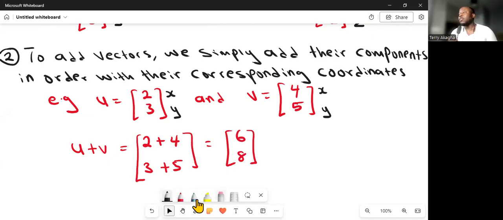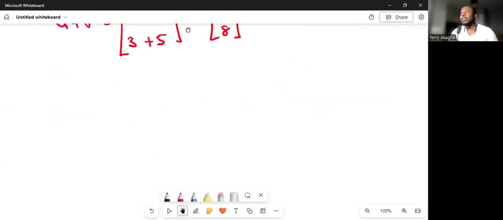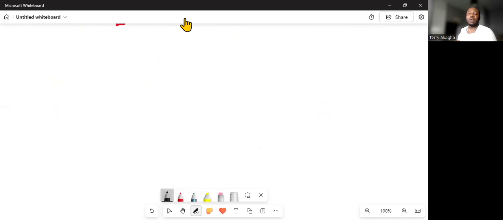Now, to subtract vectors is exactly the same thing, but in this case, instead of adding, you're going to subtract.